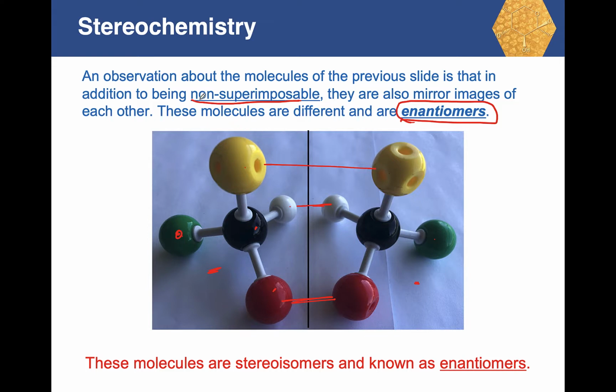Conclusion, they are non-superimposable, and the term that we have here is they are different molecules, and they are enantiomers. Another way of looking at it, they are stereoisomers that are specifically defined as enantiomers. So that's a new term.